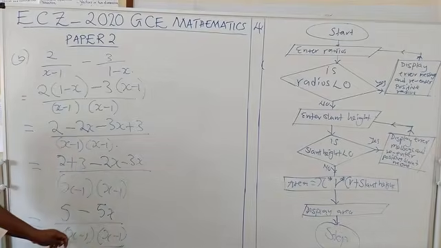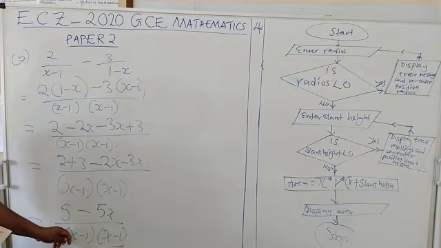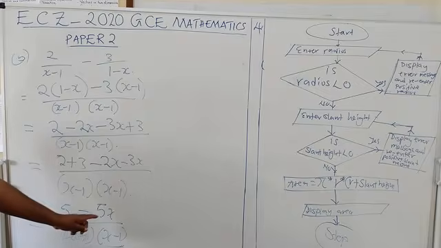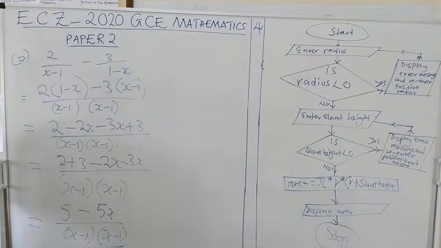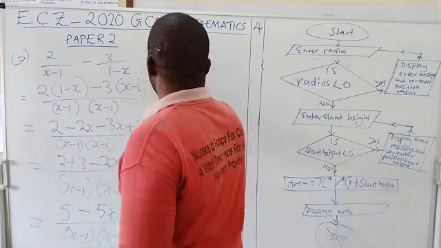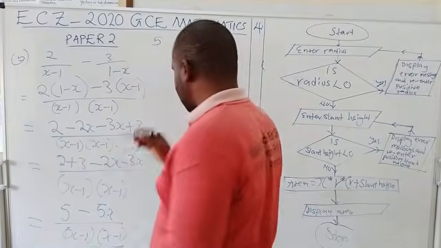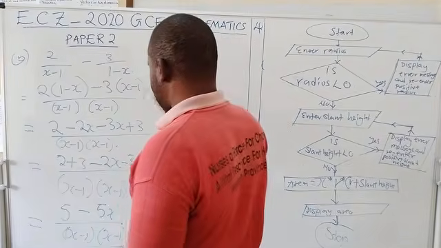You have x which is positive and 1 which is negative. So we can try to put out the negative 5 so that this will become positive. Or alternatively, if you have a challenge, you can say, let me get what is common that I am able to see. So when you do that, you open the bracket.